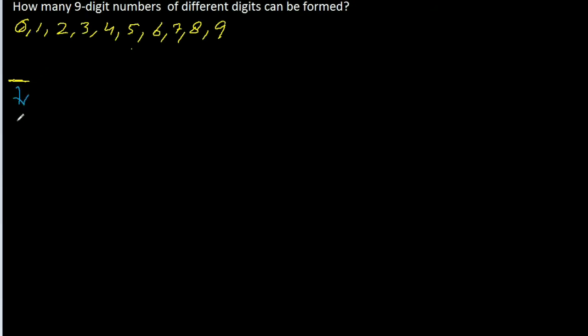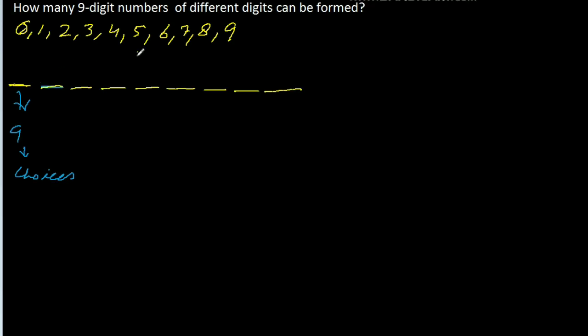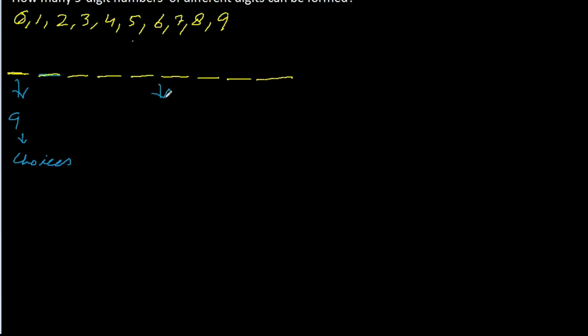Now the 9th place from the right has 9 choices, and for the remaining 8 places, all the digits including 0 are available except the one digit which is fixed at the 9th place. So the remaining 8 places can be filled with 9 digits, that is in 9P8 ways.